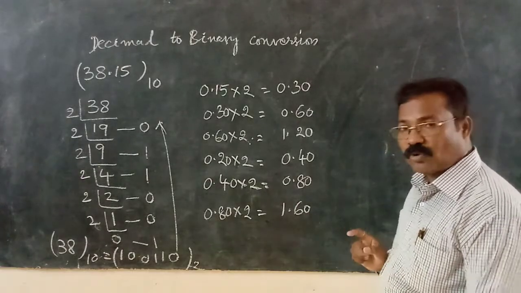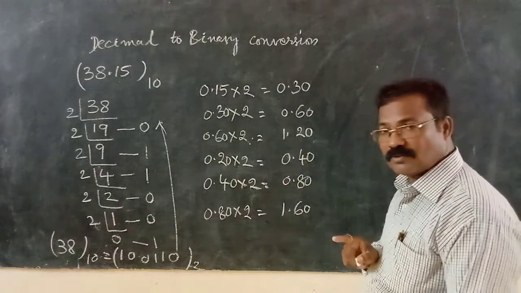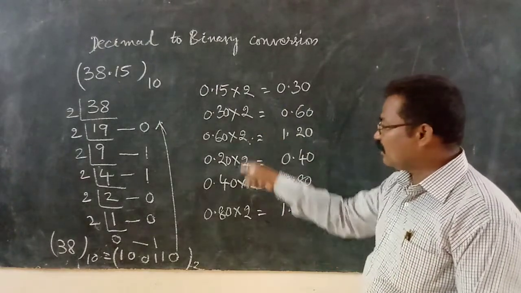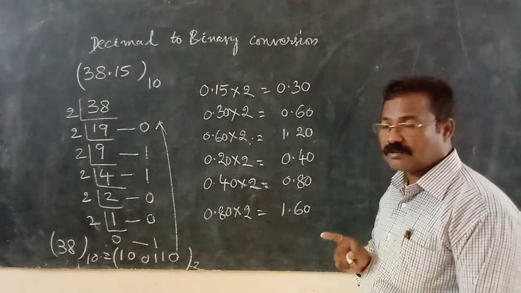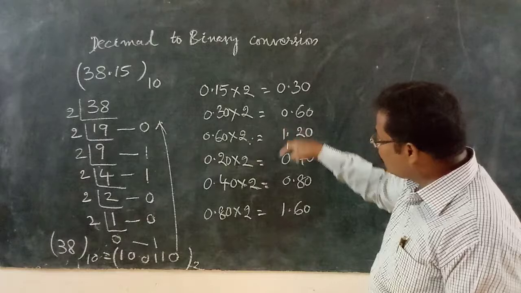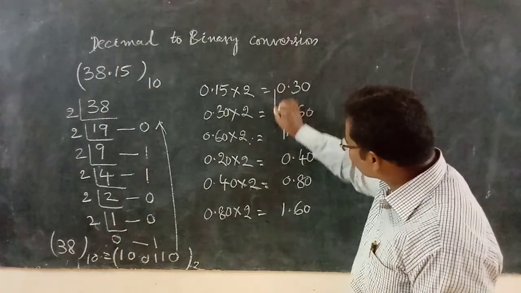Now collect all the integer parts that occur while multiplying the fractional part, taking the integer parts from top to bottom.